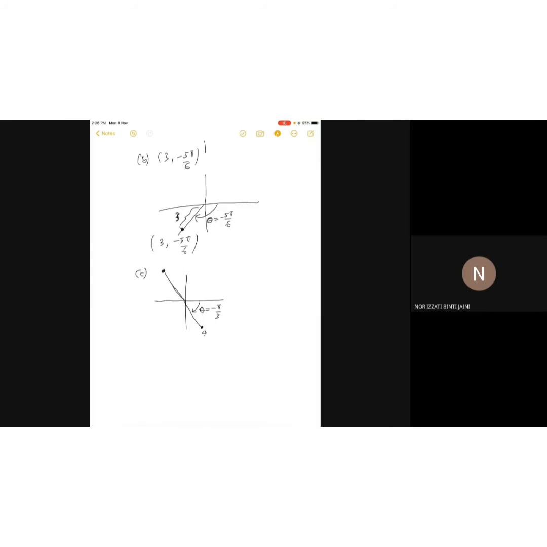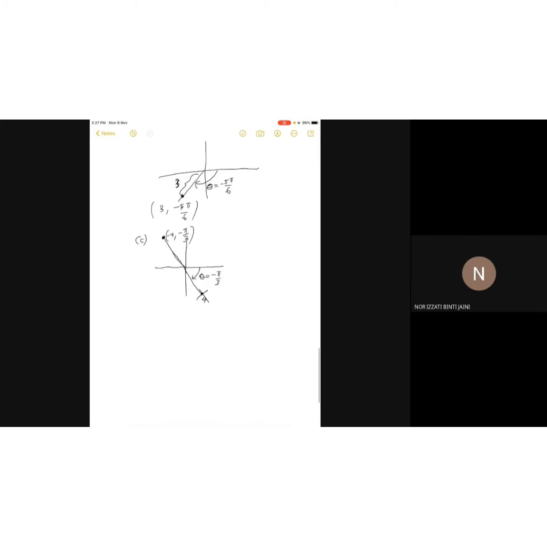So maksudnya kat sini lah, negatif 4. So point yang dia nak tu bukan kat sini, tapi ke atas ni, which is this is negative 4, negative pi over 3. Okay. So radius negative means it's exactly opposite, with the same angle. Angle dia sama je tapi dia mesti exactly opposite.